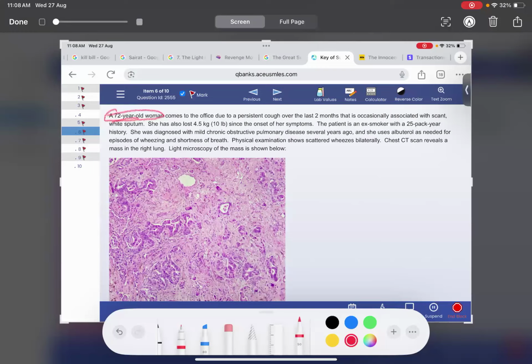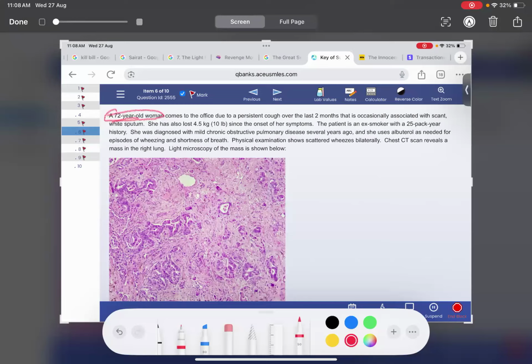So TB is excluded, and small cell carcinoma is excluded. If there were small cell carcinoma, there would be SIADH or neuro paraneoplastic syndrome features. If there were squamous cell carcinoma, they would have hypercalcemia or PTH-related features. In this you have seen multiple glands.